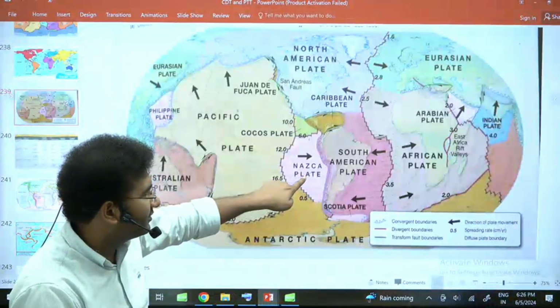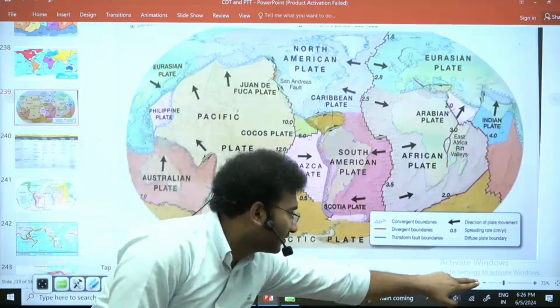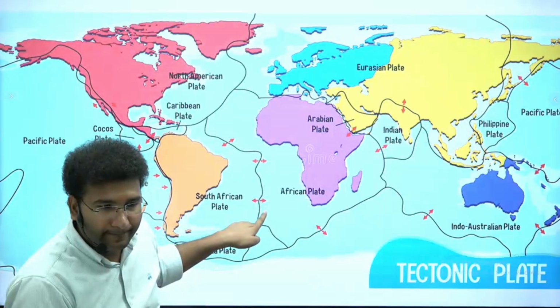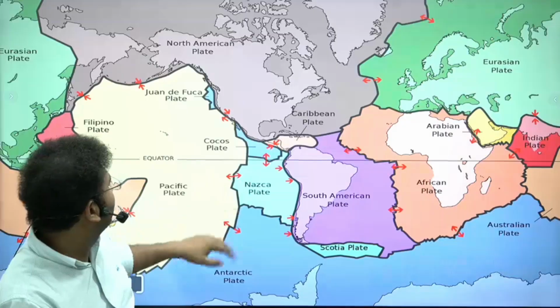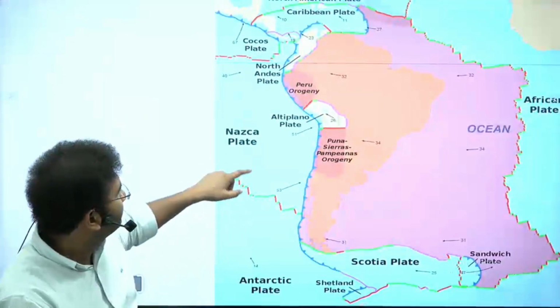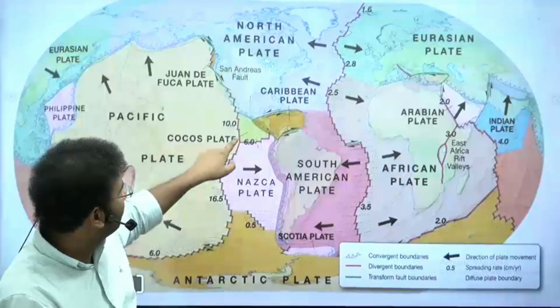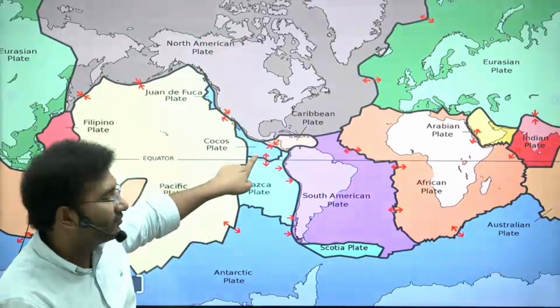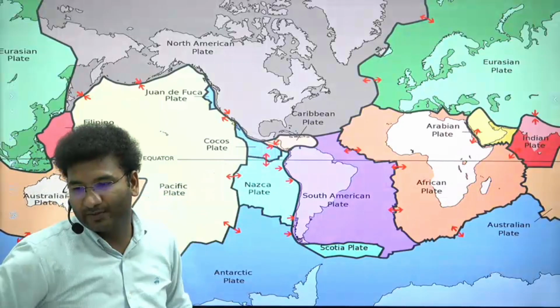One, Nazca plate. Look here, this is the Nazca plate. Second one, here you'll have the Cocos plate, C-O-C-O-S.